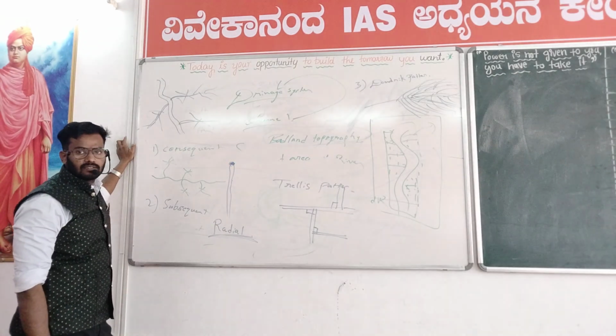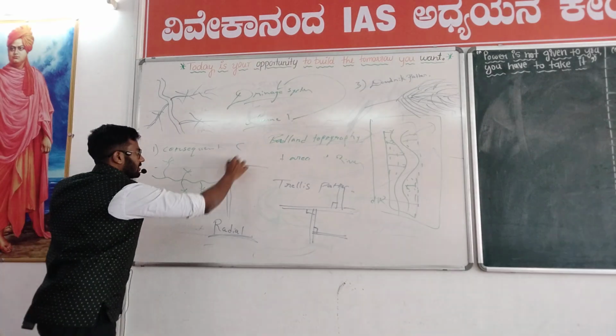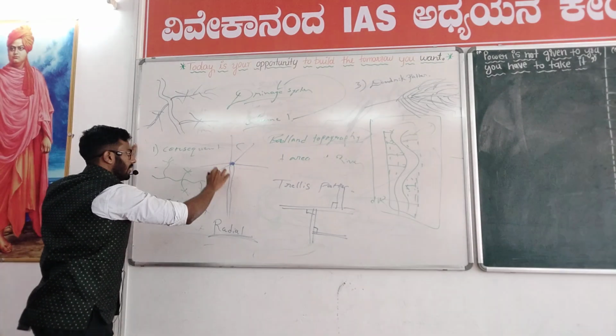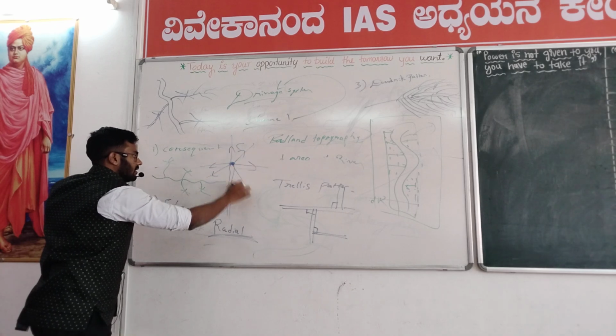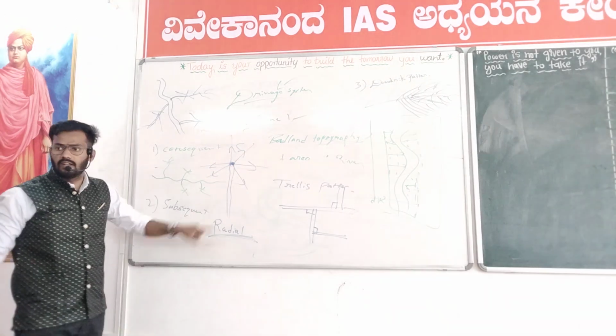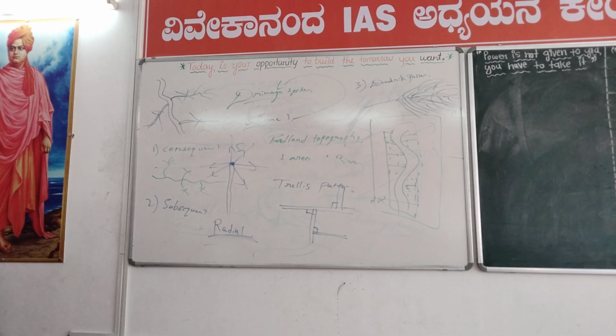Instead of flowing in a single direction, if from a single point it flows in different directions, it looks like a radial, right? So, radial pattern. Centrifugal, radial.